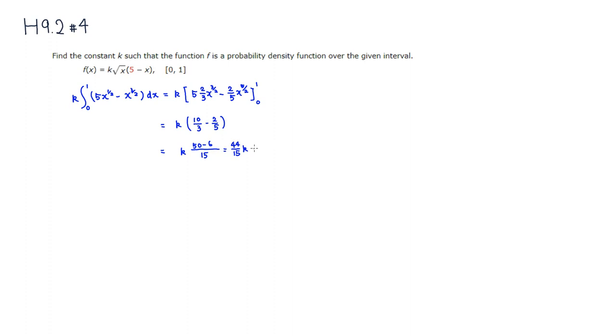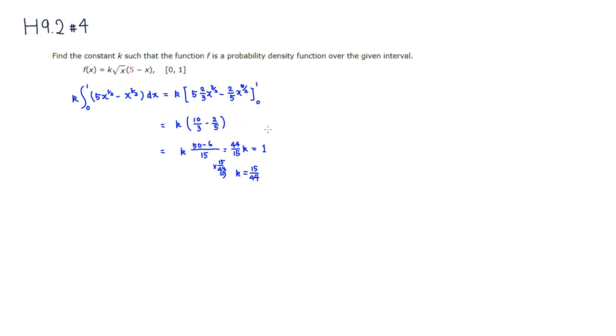But we have to make sure that this is equal to 1. So in order to find k, we just multiply both sides by 15 over 44. So we know that k is equal to 15 over 44.